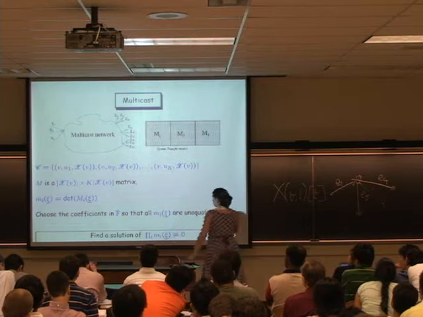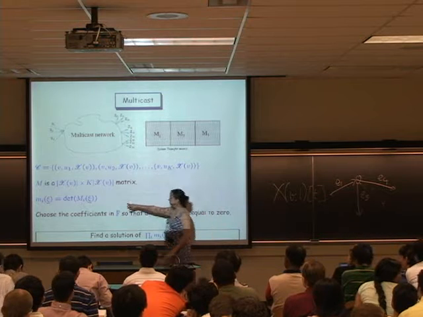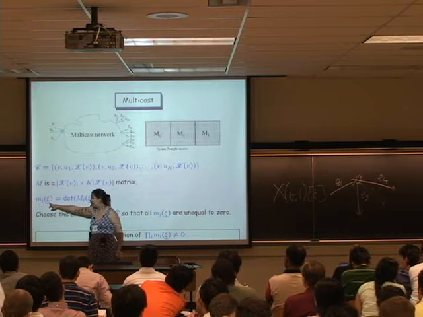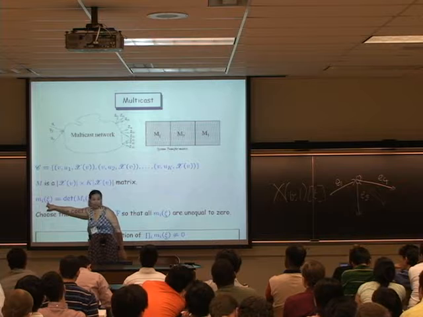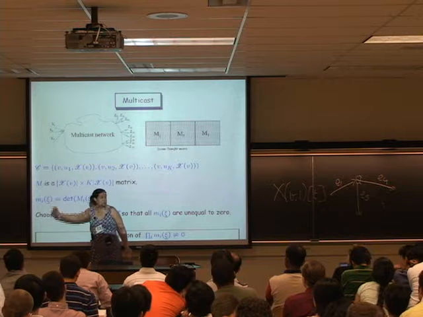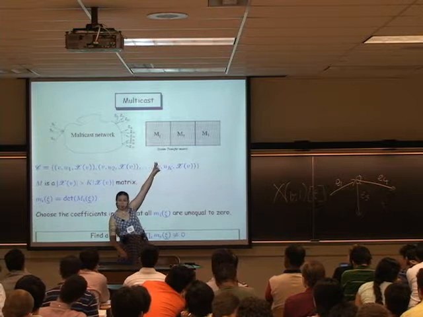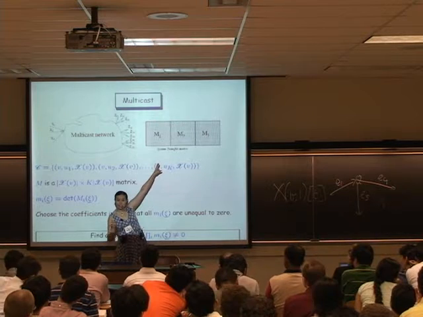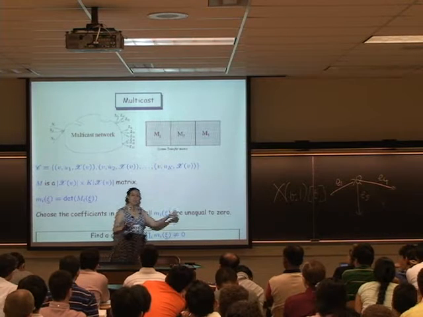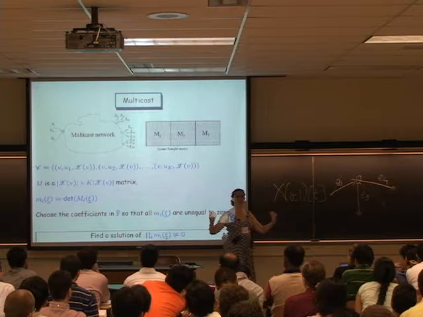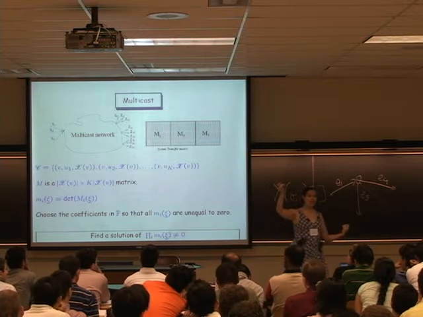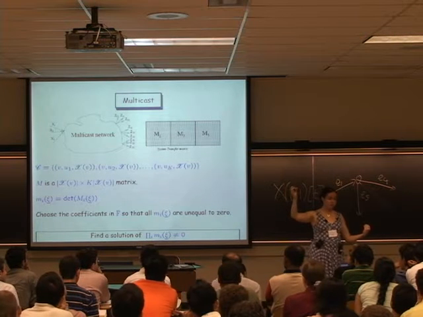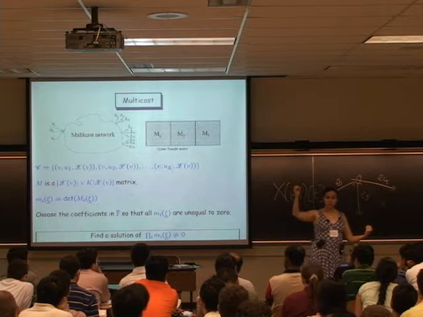Okay? So this Mi xi is the determinant corresponding to the kth matrix, which is the matrix corresponding to the algebraic impulse response viewed by the kth output, the kth receiver. Does that make sense?